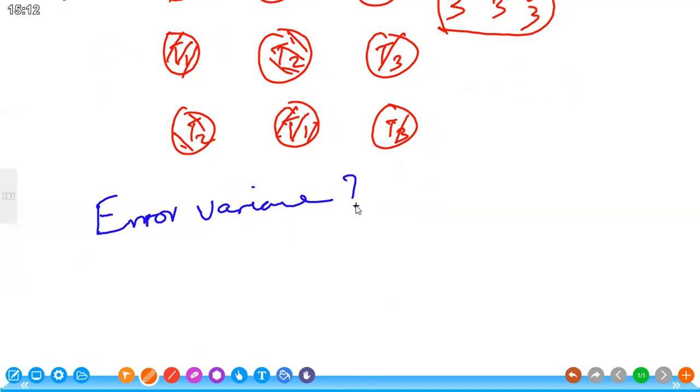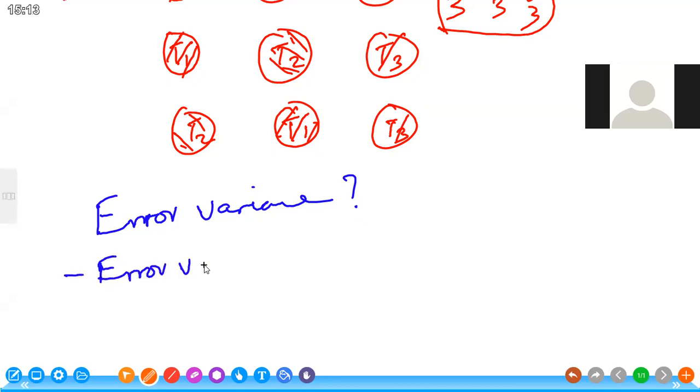No, I'm just asking questions from what you have learned. What is the purpose of error variance? Because we said we want to replicate a treatment, using the replication you obtain the variance. So what is the definition for error variance? Anyone?